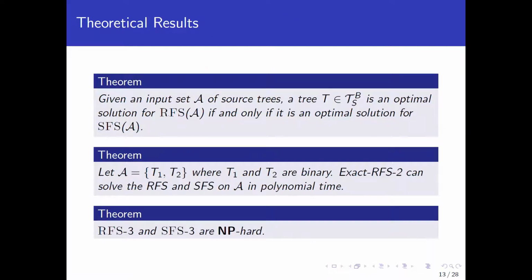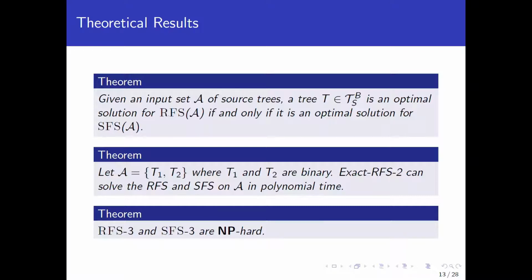Here are our theoretical results. The first theorem basically says that for any input set of source trees, the Robinson-Foulds supertree problem and split-fit supertree problem are equivalent. Our second theorem states that the algorithm Exact RFS2 can solve the Robinson-Foulds supertree problem and split-fit supertree problem on an input set of two source trees optimally in polynomial time when the two source trees are both binary.